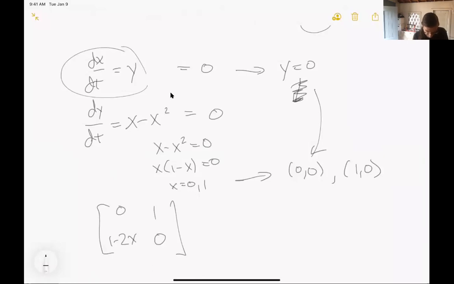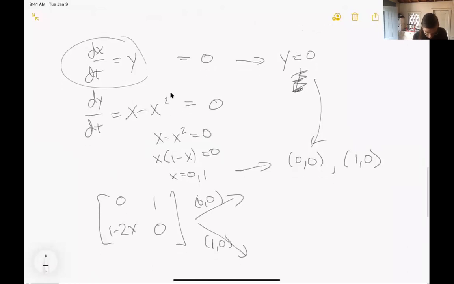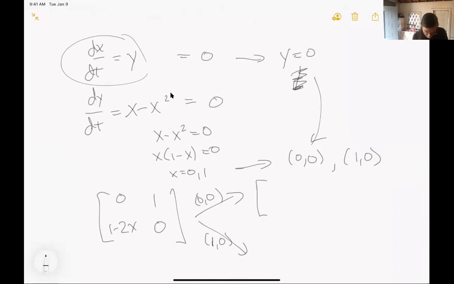Now there are two equilibrium points we're worried about, (0, 0) and (1, 0). At (0, 0), we just get [0, 1; 1, 0].